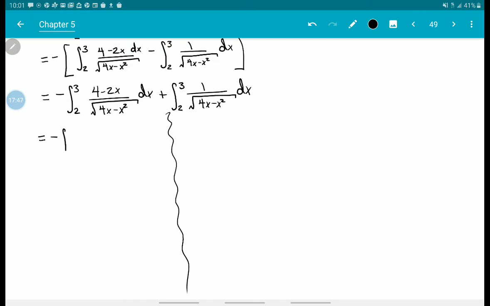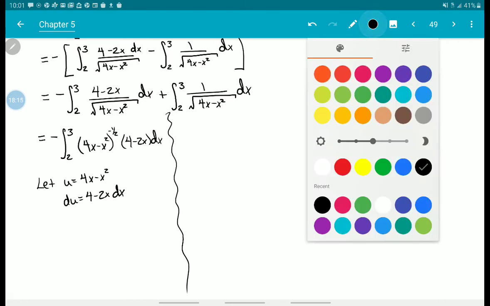So let's rewrite that first one. We can rewrite this as 4x minus x squared to the negative 1/2 times 4 minus 2x dx. So we are going to let u be that 4x minus x squared, and then du is going to be 4 minus 2x dx.